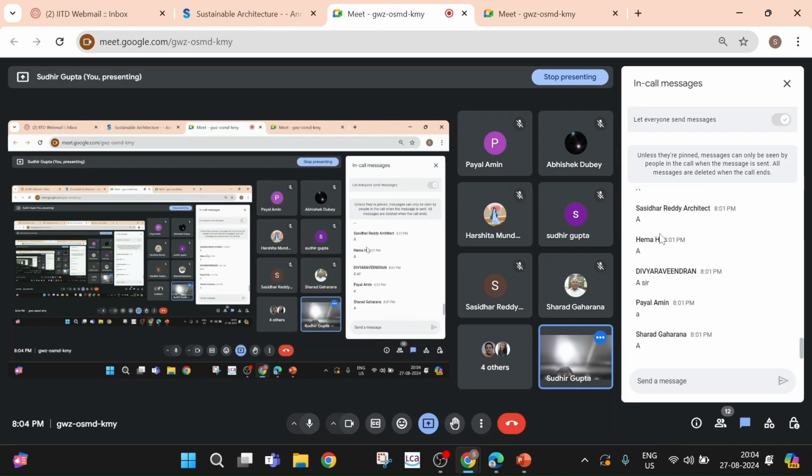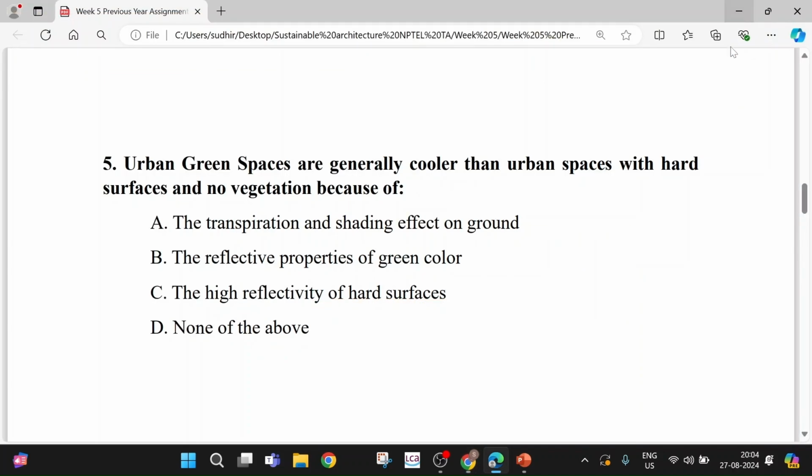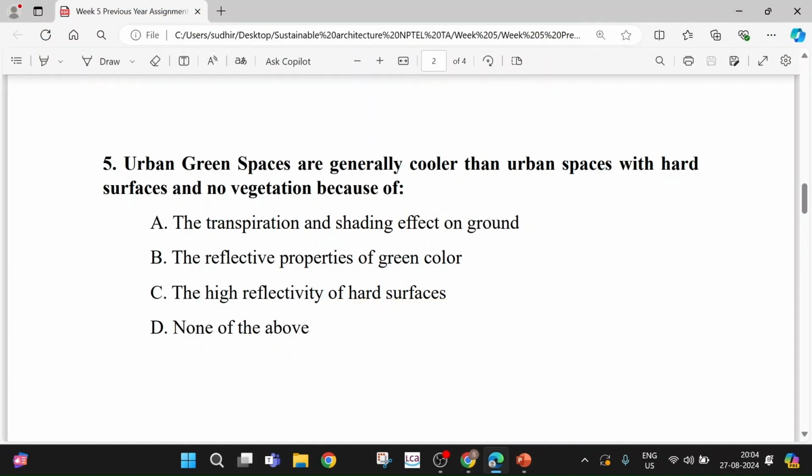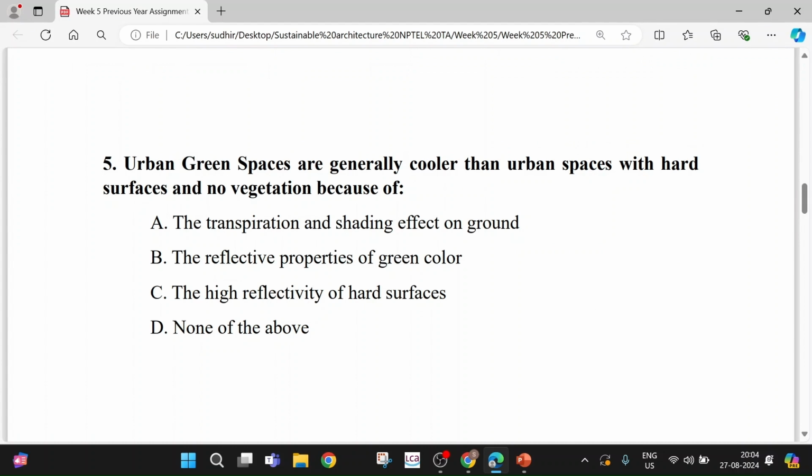Okay, so this question is clear to all of you. All of you have given a similar answer, and the correct answer, that is option number A, the transpiration and shading effect on the ground.